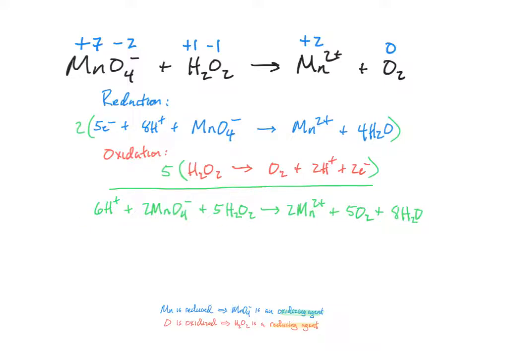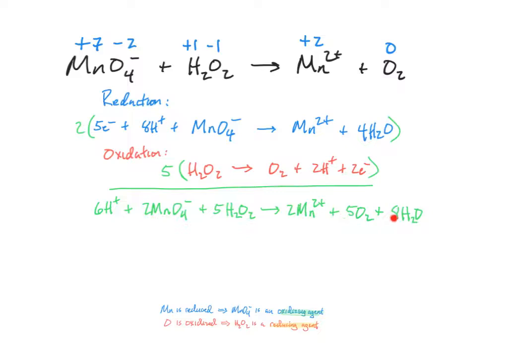So I would have left over a total of 6H+ on the left, 2 MnO4-, 5 peroxides, 2 manganese 2+, 5 oxygens, and 8 waters. Let's just make sure that this is balanced. I have 6H+ and 10 more, so that's 16 H on the left. 8 times 2 is 16. 2 Mn, 2 Mn. I have 8 and 10, so I have 18 oxygens on the left.